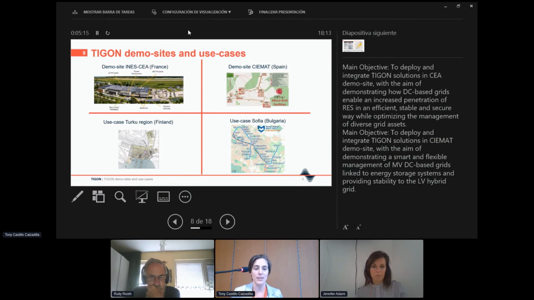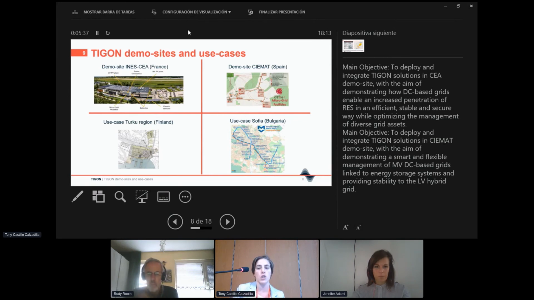And the second one is a use case in Sofia, where we would like to demonstrate how AC/DC grids could be helpful also in the railway sector.